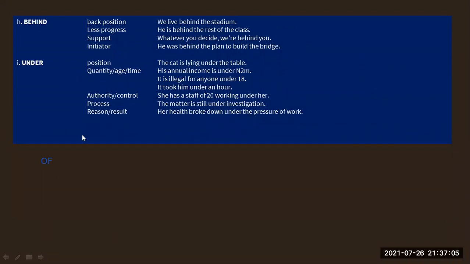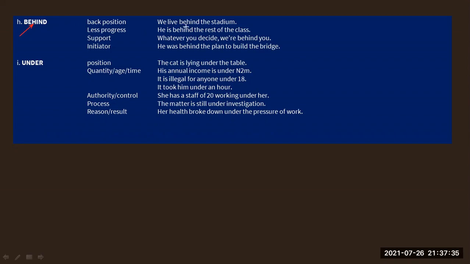Okay, so then let's look at other uses, other prepositions and their uses. Talking about behind, another preposition, it can be used to indicate the back position when something is at the back of something.